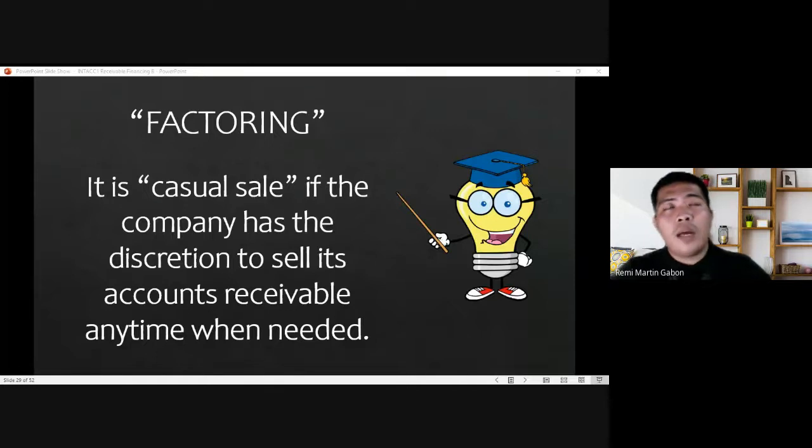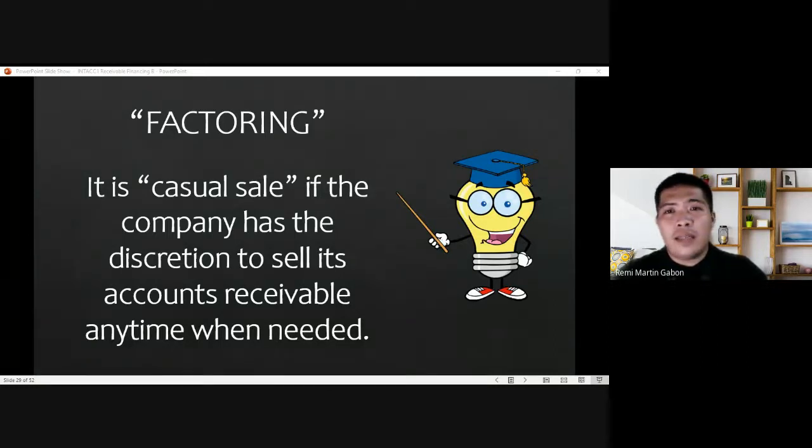So if the company is in dire need of cash flows, and it can sell its accounts receivable anytime without any agreement with other company to continue selling the accounts receivable. Parang when I feel like it, parang ganon.